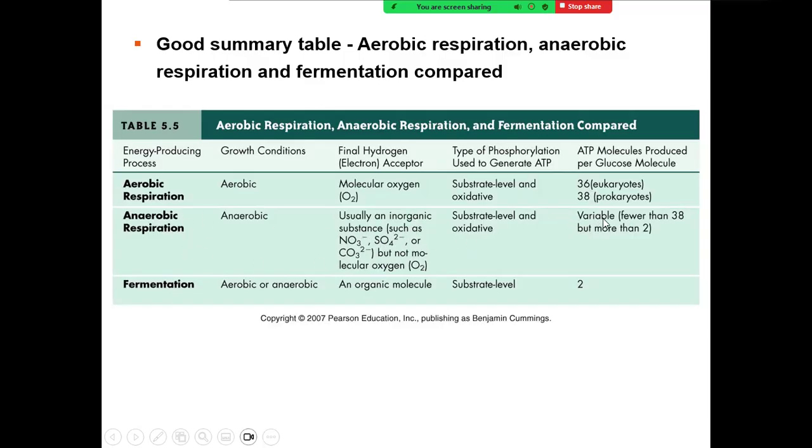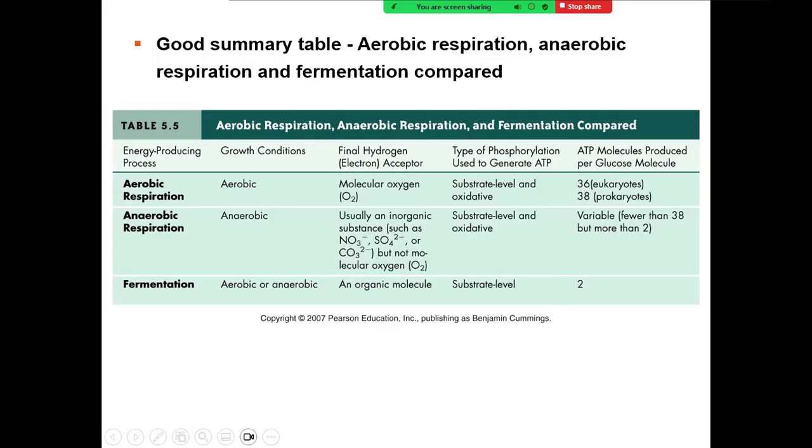It'll always be fewer than 38, but more than 2. The most efficient anaerobic respiration can only generate 36 molecules of ATP per molecule of glucose. Fermentation always generates 2 molecules of ATP per molecule of glucose.